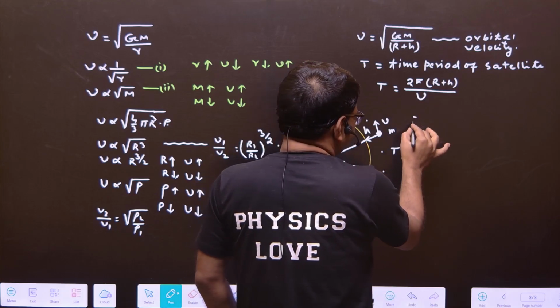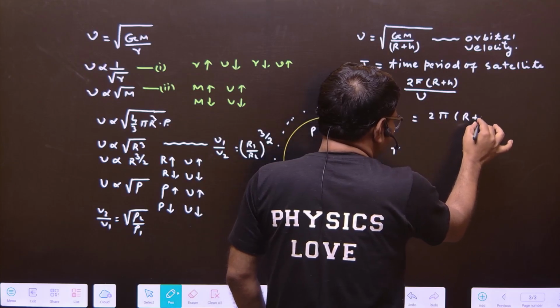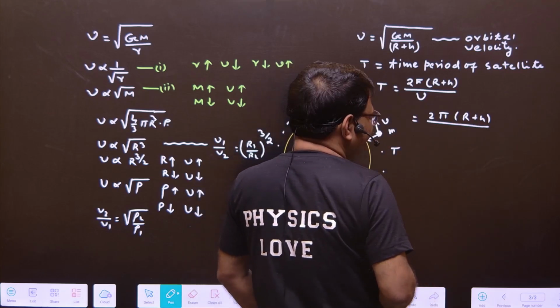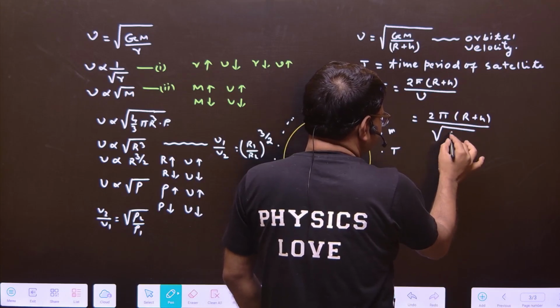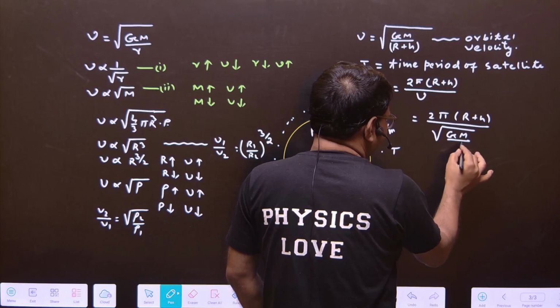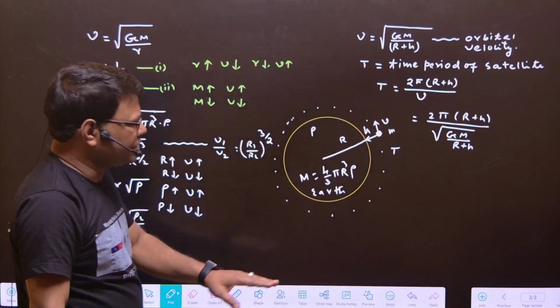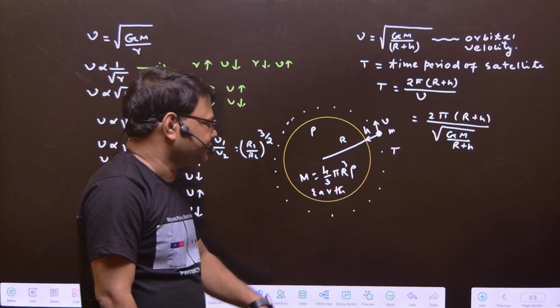And v means what? Tell me. V means root over of Gm divided by r plus h. Clear? Up to this clear, students?